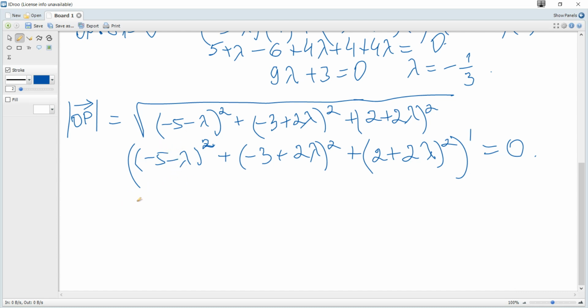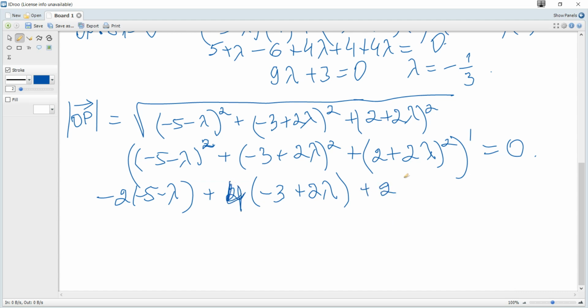The derivative is 2(-5 minus lambda) multiplied by the derivative of -5 minus lambda, which is -1, plus 2(-3 plus 2 lambda) and the derivative of -3 plus 2 lambda is 2, so finally it's 4, plus 2(2 plus 2 lambda) and the derivative of 2 plus 2 lambda is 2, so it's 4, equals 0.